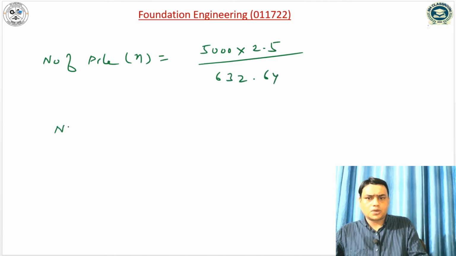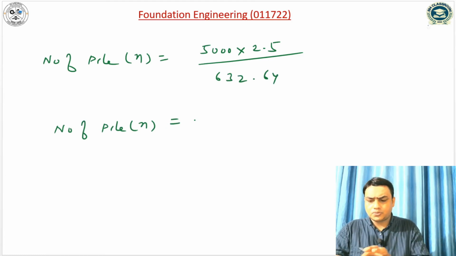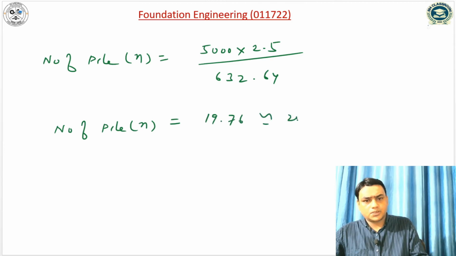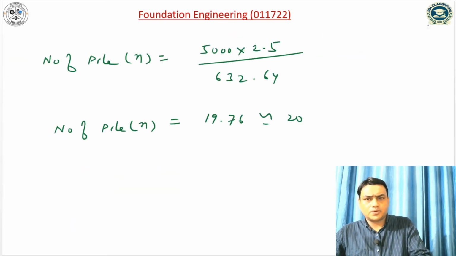So the number of piles is equal to 5000 into 2.5 divided by 632.64. It is coming 19.76, so the approximate value is 20 piles used. So our option is C. The value of n is 20.